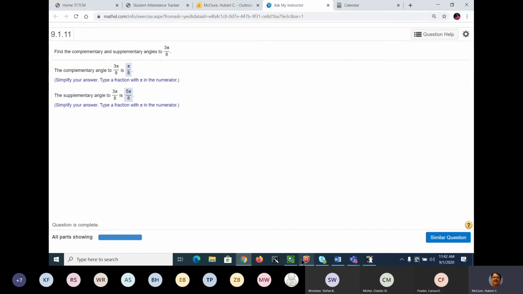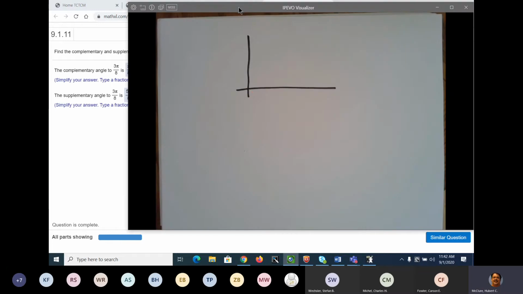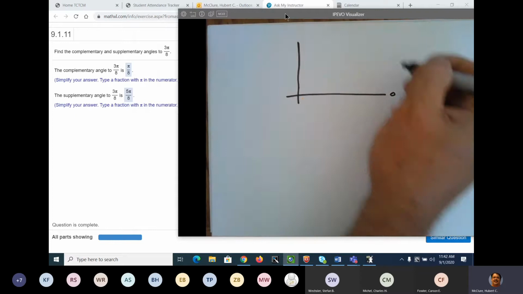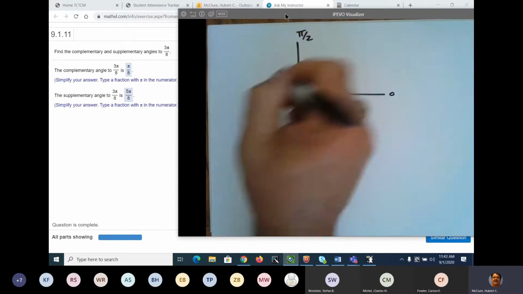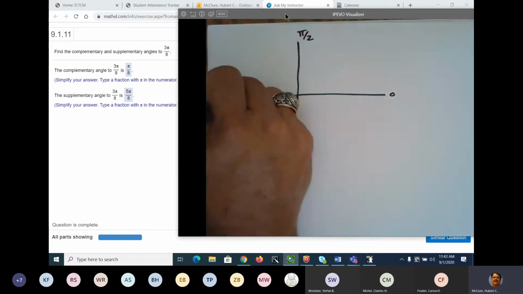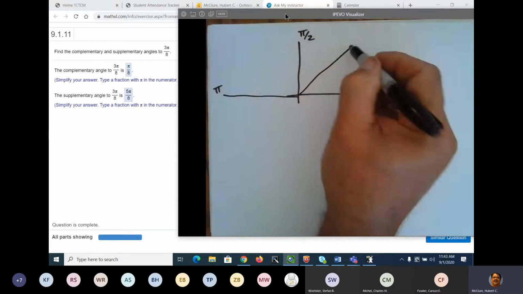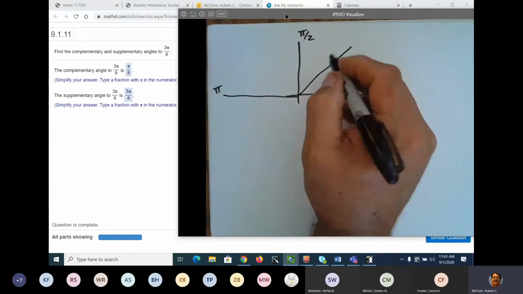Let me pull in my handy dandy, move that over. So we know this is 0 and this is pi over 2. And this is pi. And we got an angle sitting here, and it's 3 pi over 8.